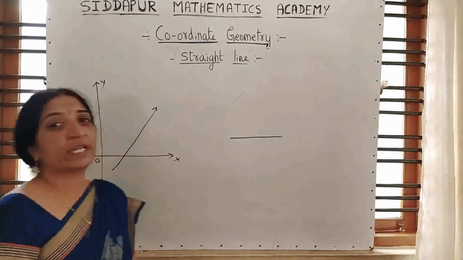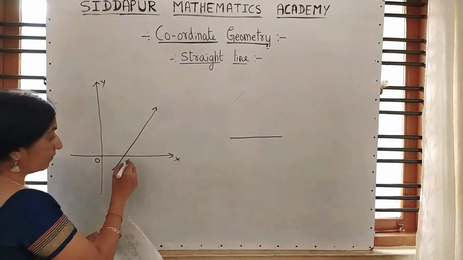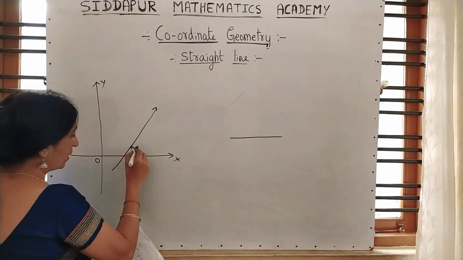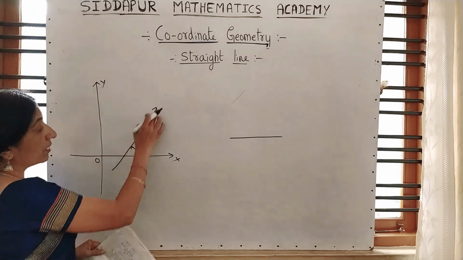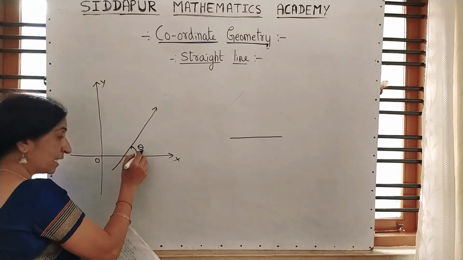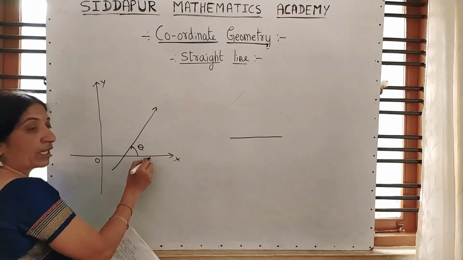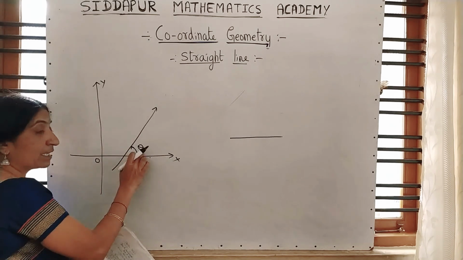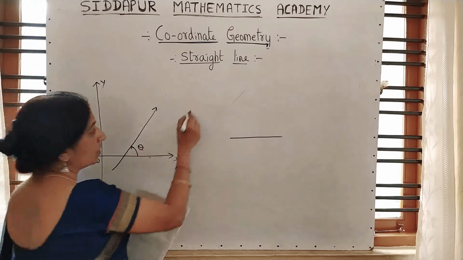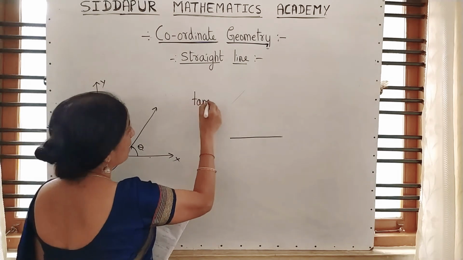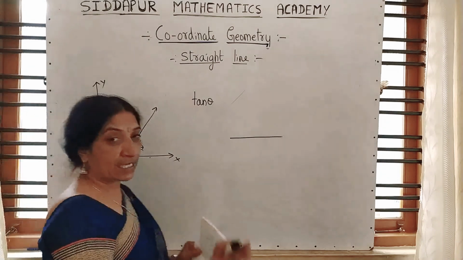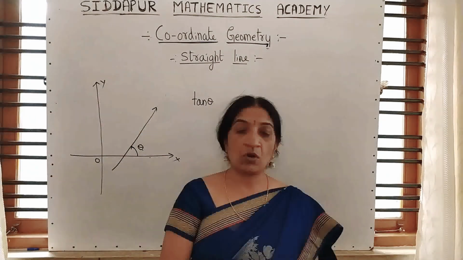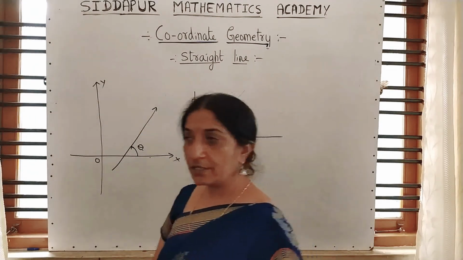That's why we call it anti-clockwise. So if it is anti-clockwise, we take it as a positive acute angle. If a line makes an angle theta with the positive direction, then tan theta is called slope or gradient of a straight line.